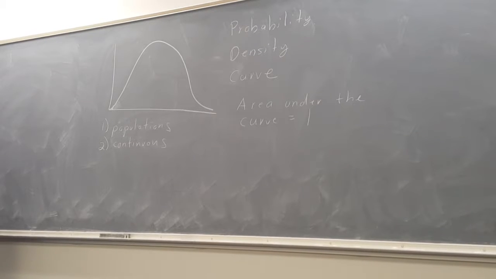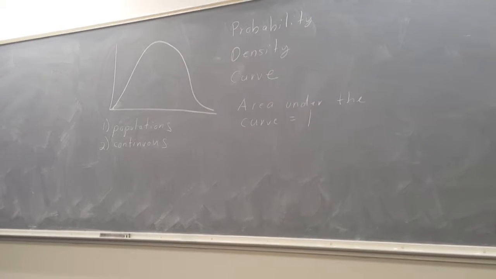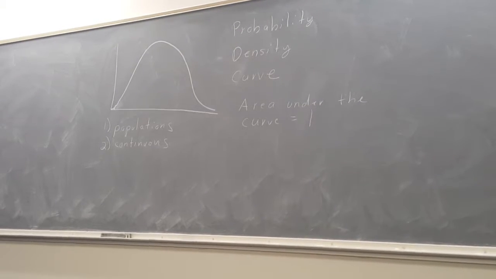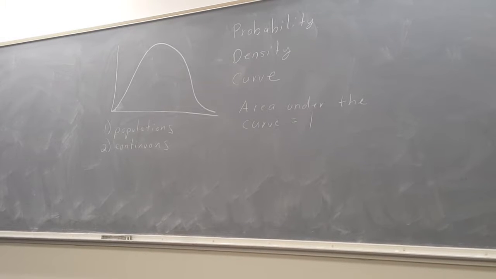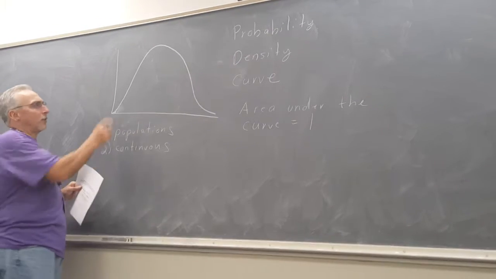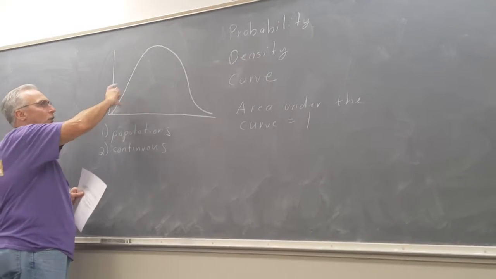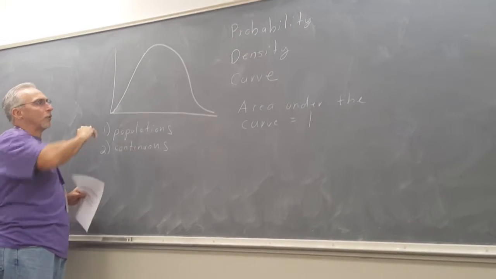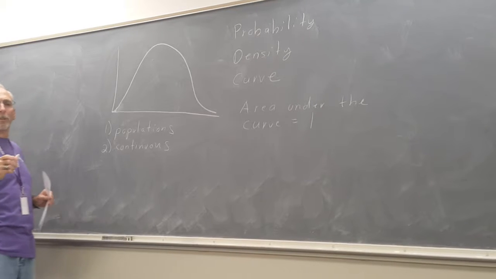Always. And if you think about it, that's really not different than what we did before. When you do a relative frequency histogram, and you add up all the bars, that equals 1. Same idea here. I just don't have any bars because I have so many of them, I don't want to add them all up. So the area under this curve is always going to be considered to be 1.